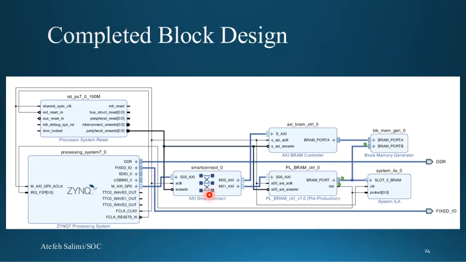Other blocks have also been added to the design after running block automation. This one is the processor system reset. Another one is the AXI Smart Connect, which is used for connecting the master to the slaves of these two blocks.